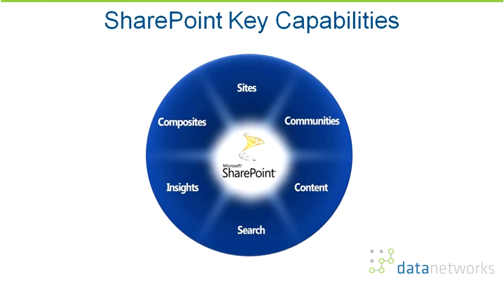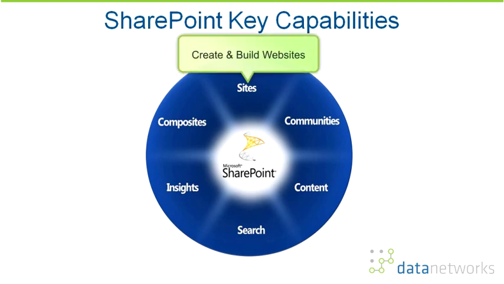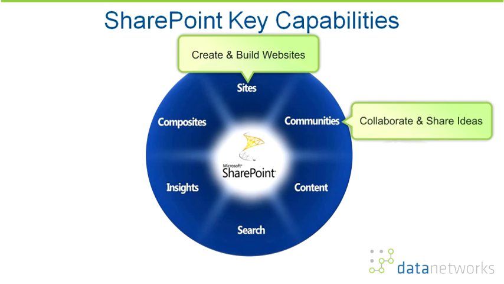So let's talk about how Microsoft divides up the key SharePoint capabilities. And they've done this in 6 areas: sites, communities, content, search, insights, and composites. So let's talk a minute about what that actually means. Sites is really about creating and building websites. Communities is about collaborating and sharing ideas.